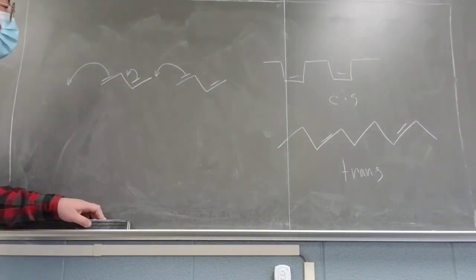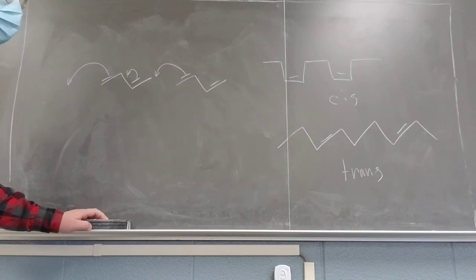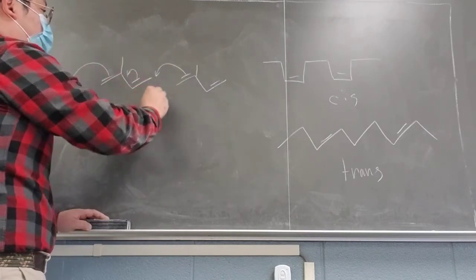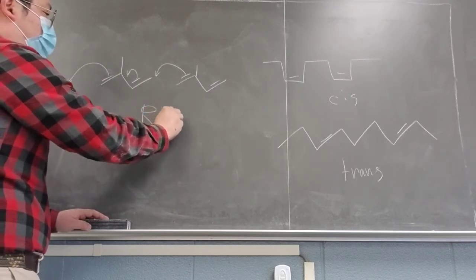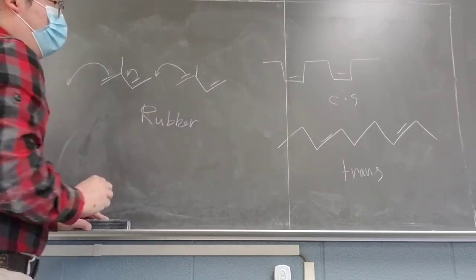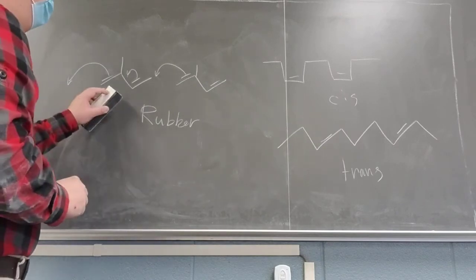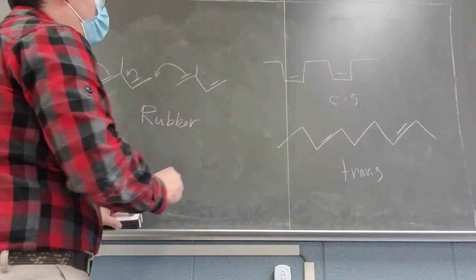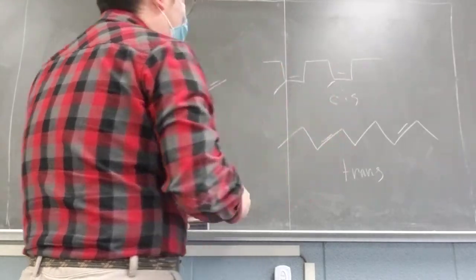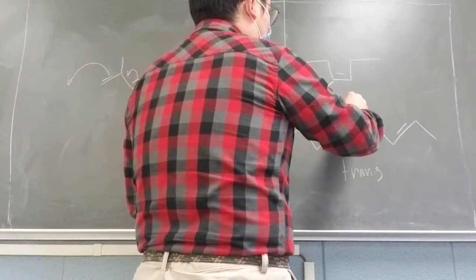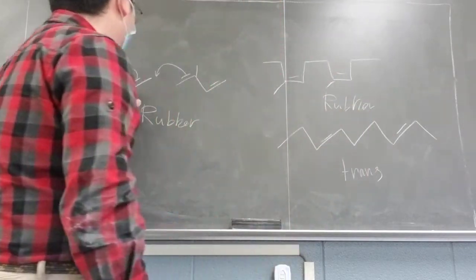What is so good about this one is, do you know how we make the rubber? So if you have this one, and then you're going to have... so this is isoprene.